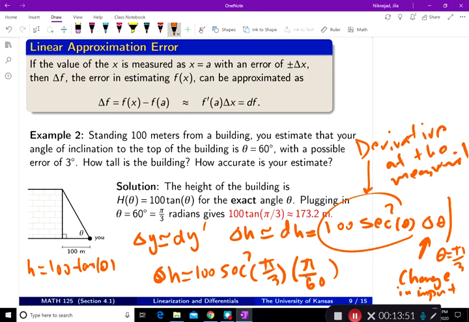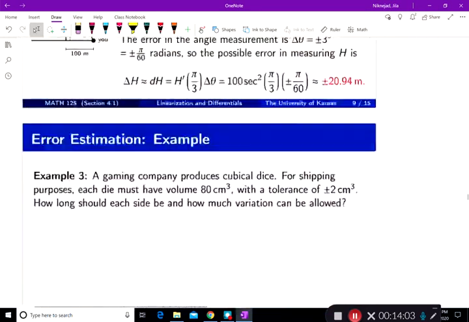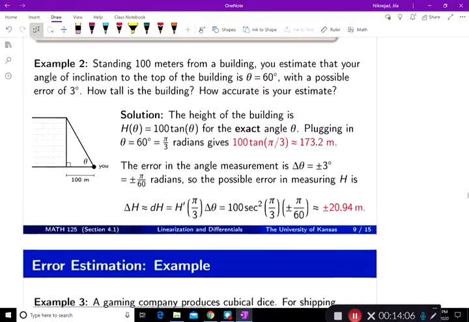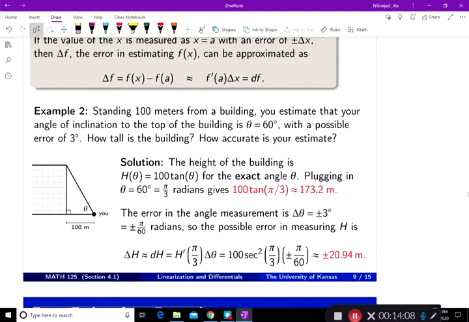Cosine squared of pi third is 1/2. So secant squared of pi third is going to be 4, and then you multiply them all together to get this value. You get 20.94 meters.